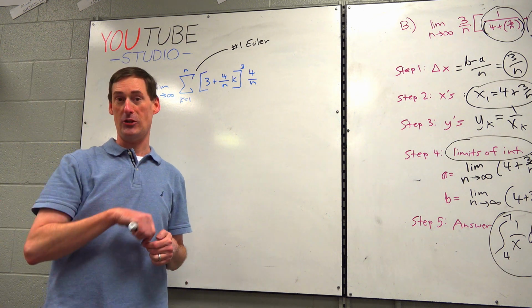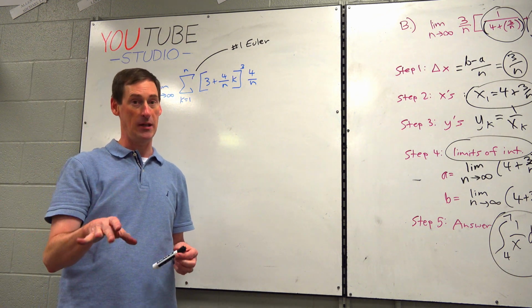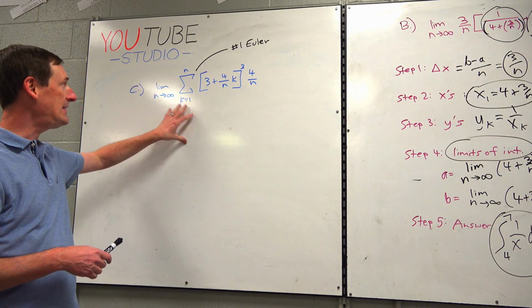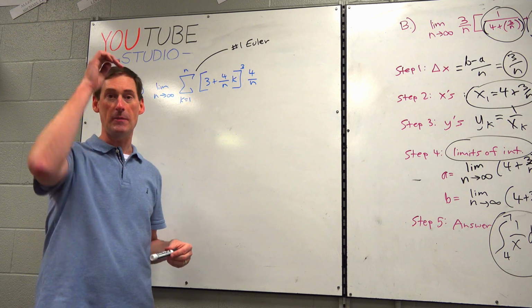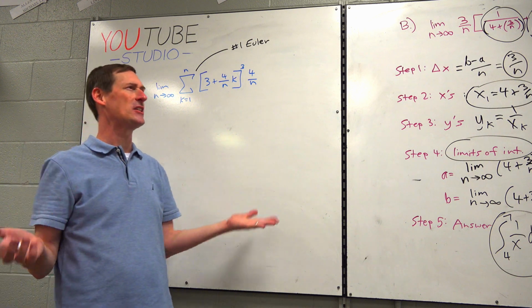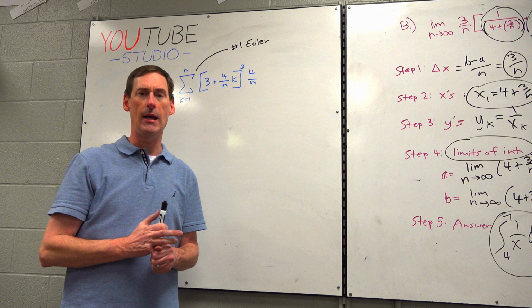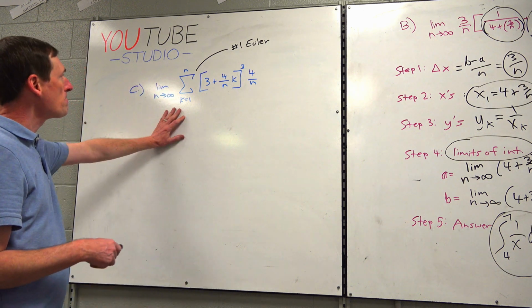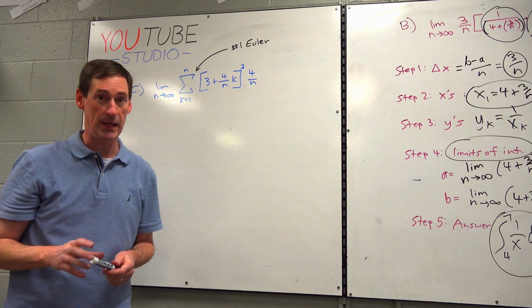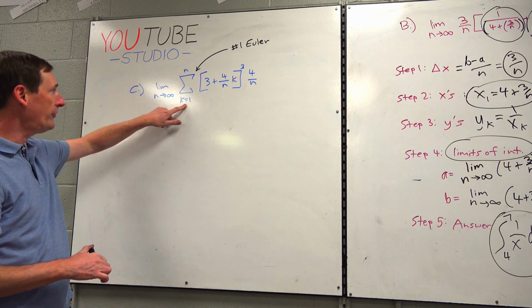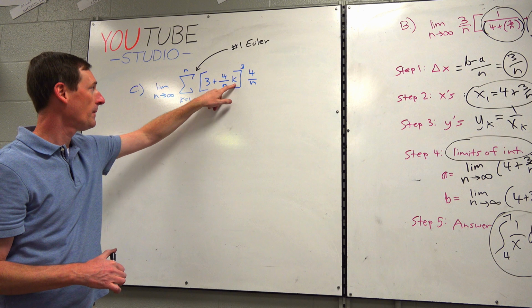We dabbled in this in integrated 3. I hope you did it in pre-calculus. The sigma means to sum up a bunch of things in a pattern. I think we did it with like a bouncing basketball or something like that back in integrated 3. So here's the thing. All this means is take 1 for k, plug it in.